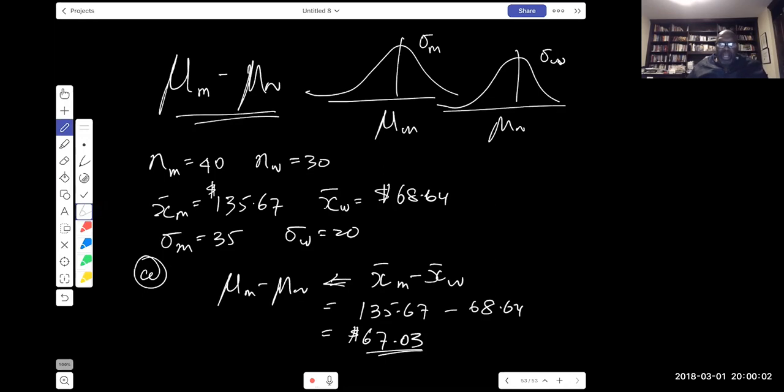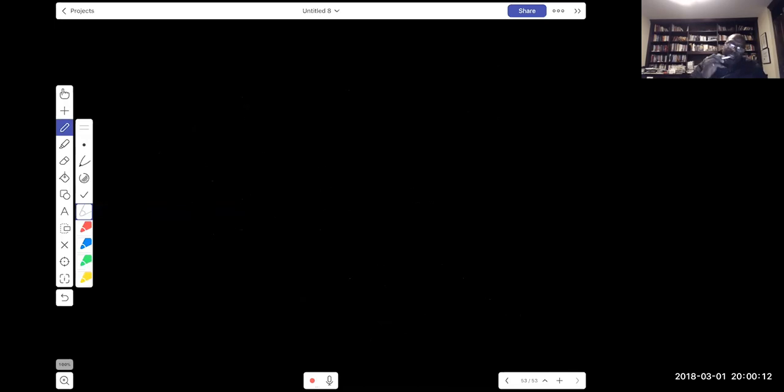Now, second part says develop a 99% confidence interval, right? But that's what we want to develop. But what is the margin of error? So if you recall, margin of error in any confidence interval is the part that comes after the plus or minus.